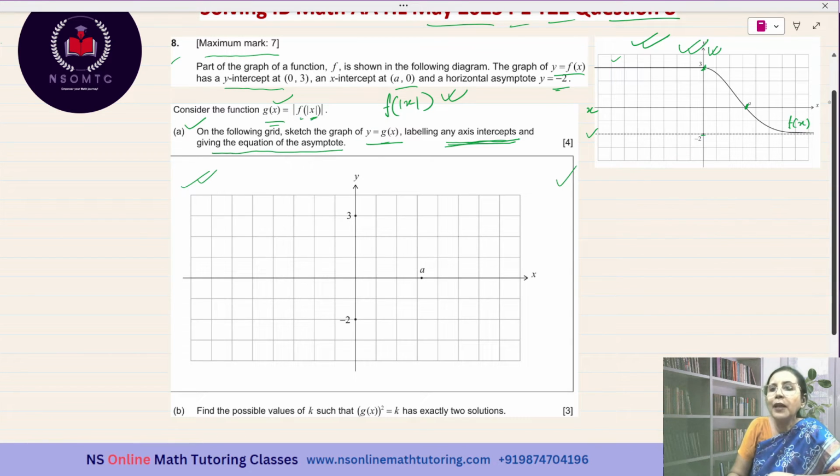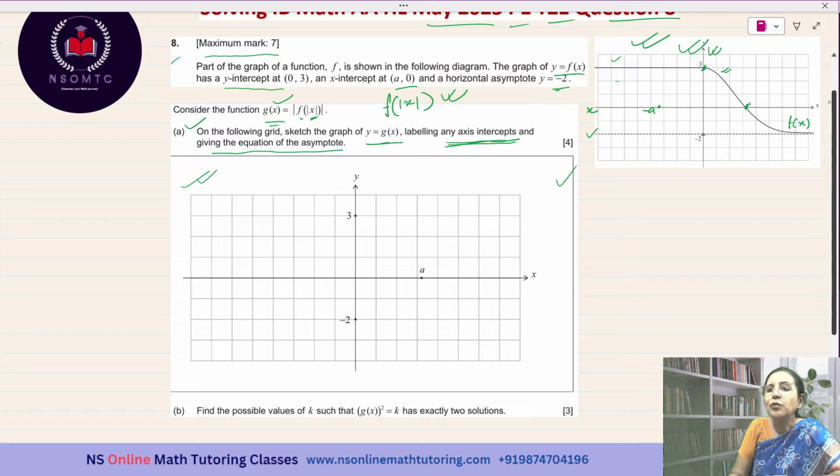So I will be drawing the reflection of this part on the left side because the y-axis is the mirror line. So this is a, 1, 2, 3, and so 1, 2, 3, and maybe this point. This point is negative a, of course, because it is towards the negative side of the x-axis. And so I can get the graph as this one.